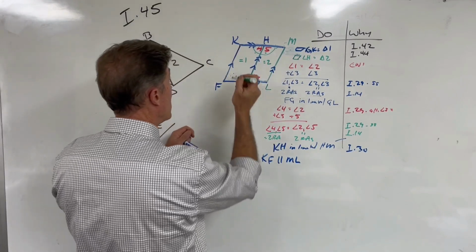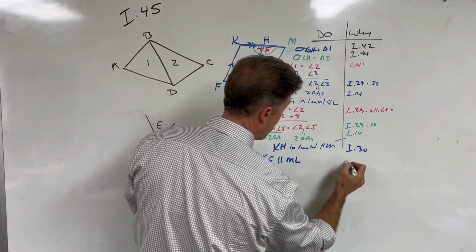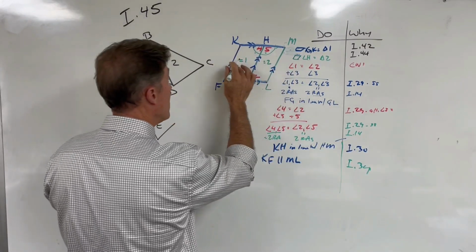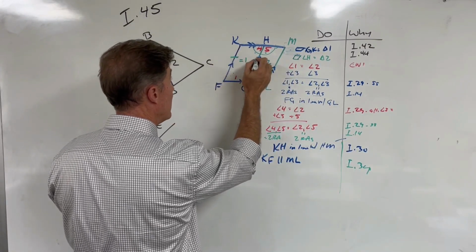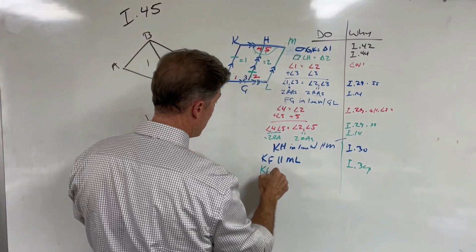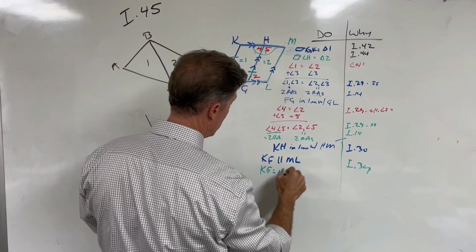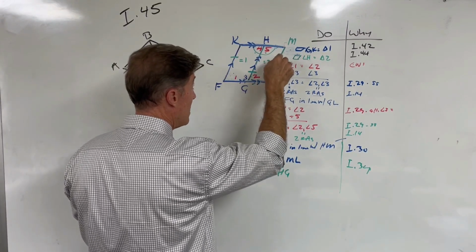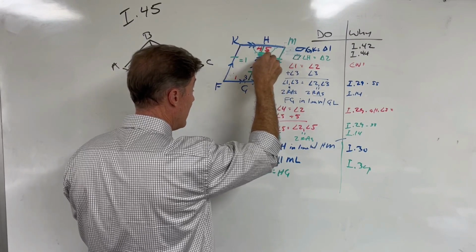With similar reasoning, we can prove, because we know through Prop 34, that in parallelogramic areas, the opposite sides are equal. We know this side is equal to this side. So KF is equal to HG. But by the same reasoning, in this green parallelogram, we know this side is equal to this side.